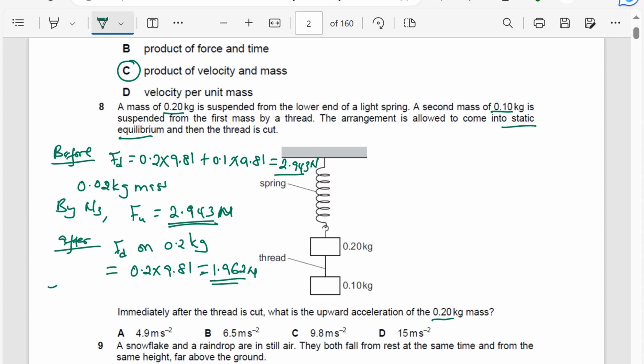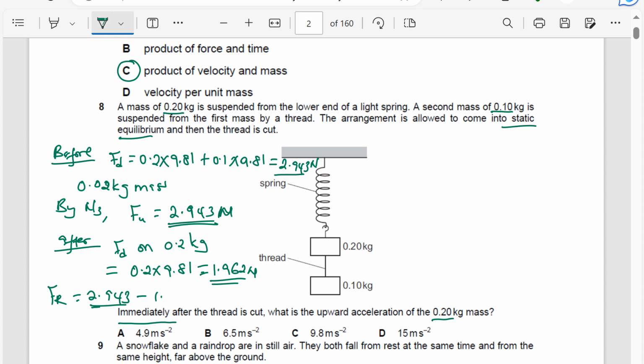So the resultant force on that mass is going to be 2.943, because immediately the upward force must still be 2.943, but then the downward force will change because the 0.1 kilogram mass has been cut off.